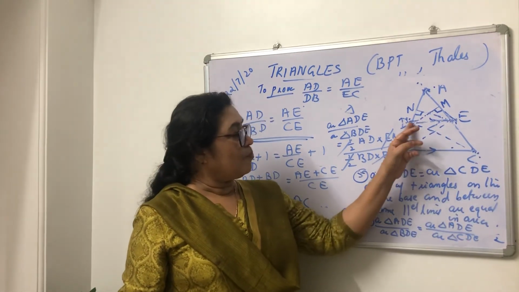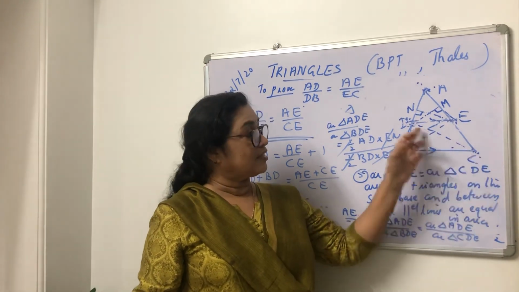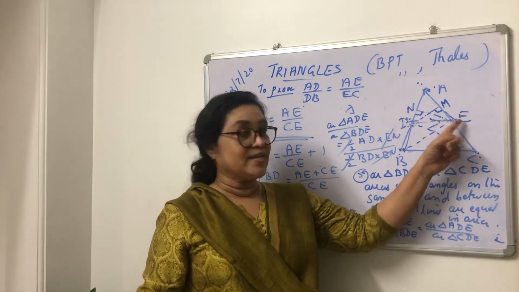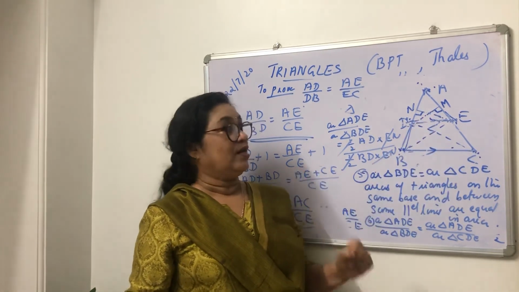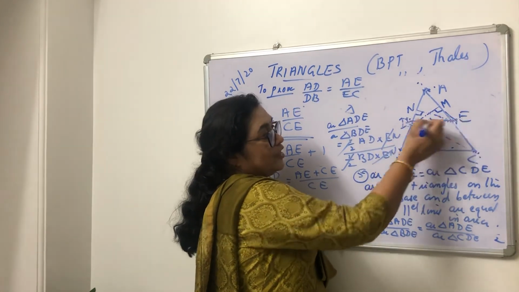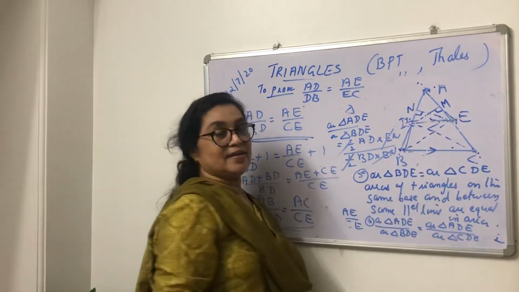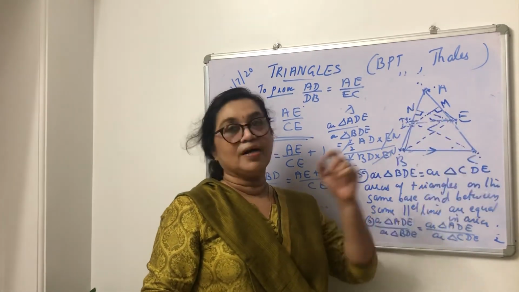Now area of BDE and area of CDE, their triangles are on the same base DE, and between these two parallel lines their areas are equal. Therefore area of ADE by area of BDE is equal to area of ADE by CDE. Then you can take AD by BD is equal to AE by EC.